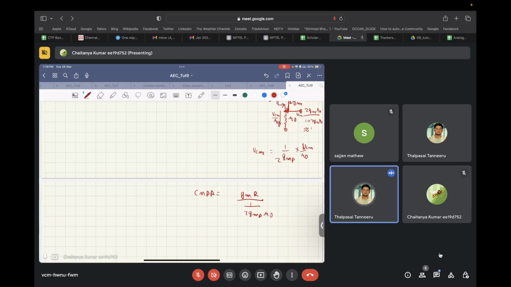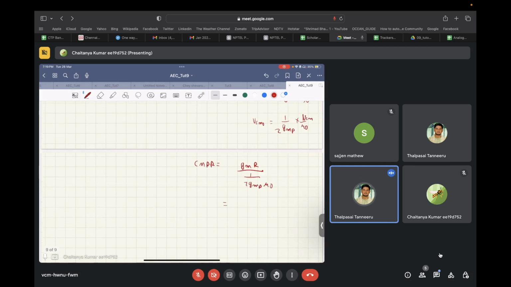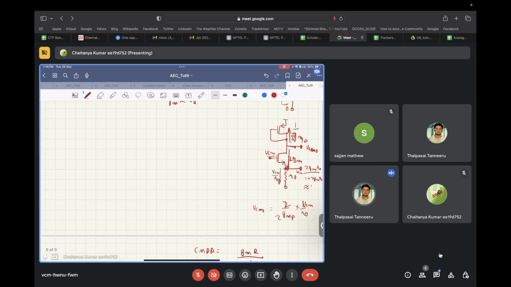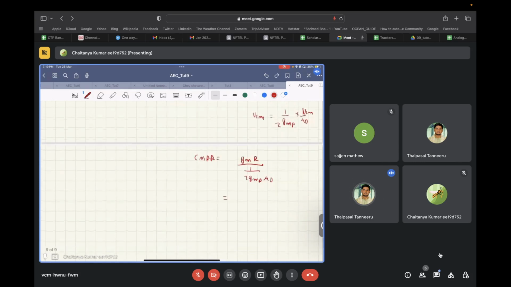So GM into GMP, R into R naught, sorry, this will be 2 times because, just a minute, it's 2 GM. So it's basically 2 times GM times GMP times R naught.